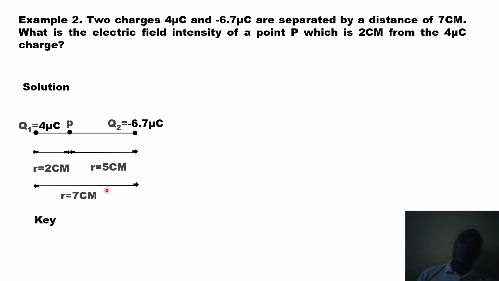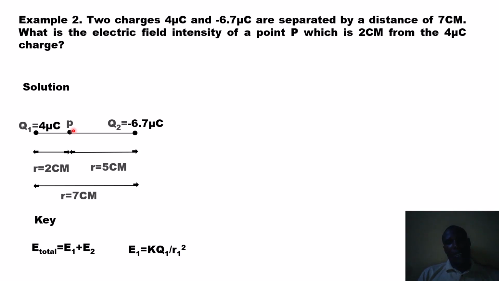Now, note, the other time we talked about the total sum of vectors. So that means there is a charge here as well. There is another charge here. So this charge plus this charge will give us the total. Now we have E total equals E1 plus E2.